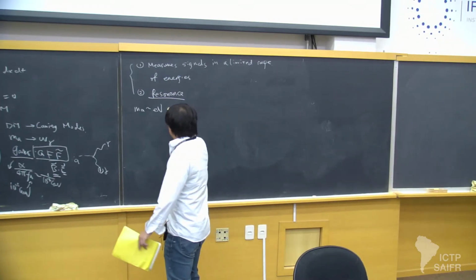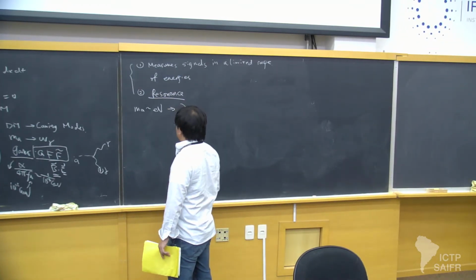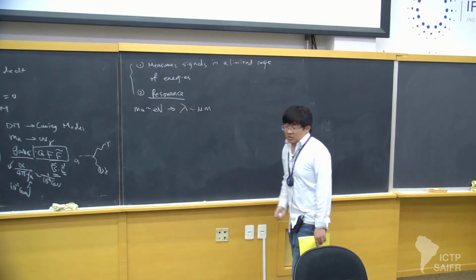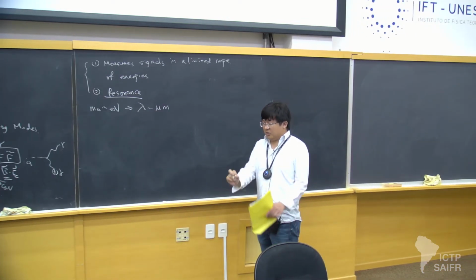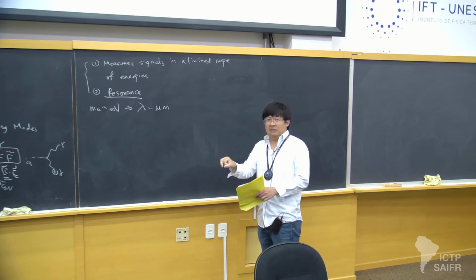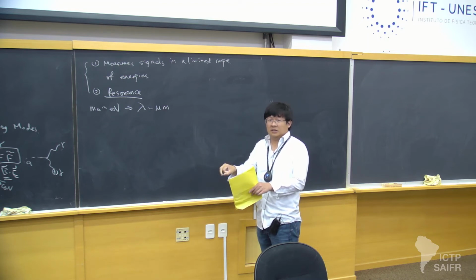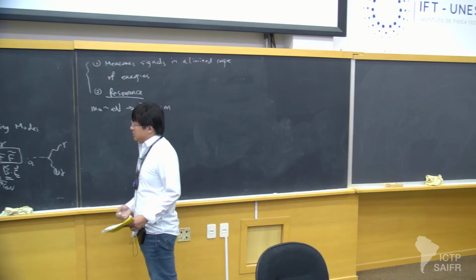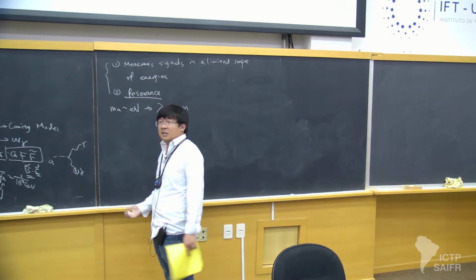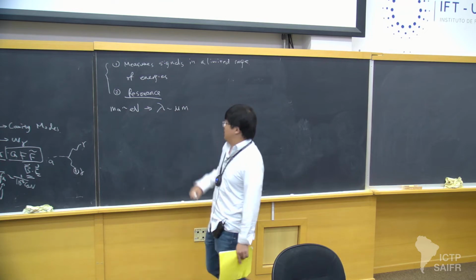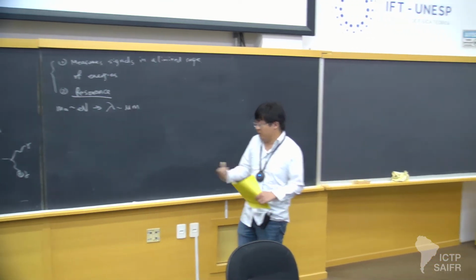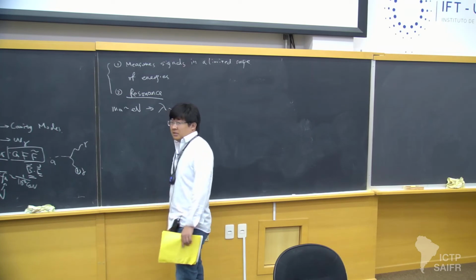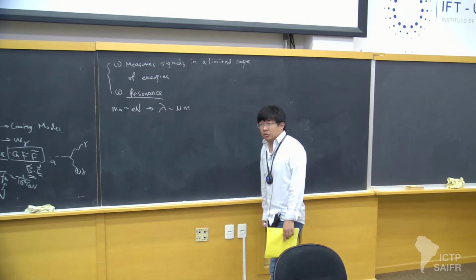Then the corresponding wavelength is order micron, right? So I'm not going to make smaller and smaller cavities with the size of a micron. It's not very good, both because the volume is very small, so there's not much dark matter inside, and also making really high-precision resonant devices with such a small size gets more and more complicated.